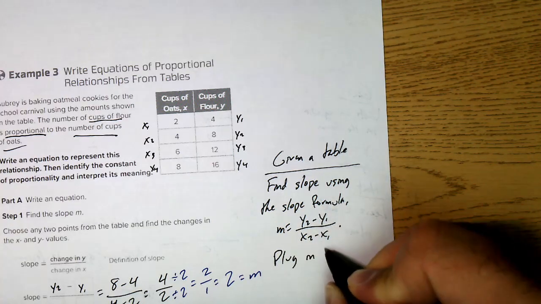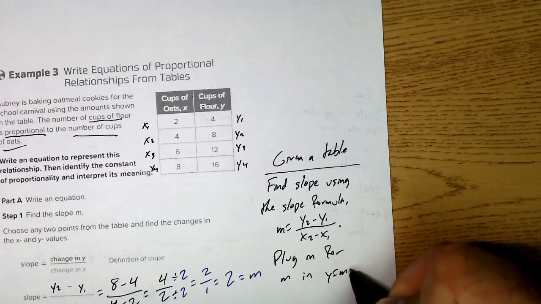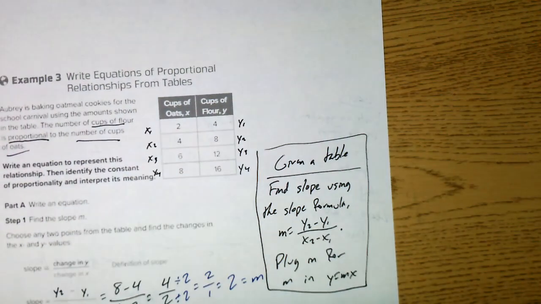Plug in for m in y equals mx. Anytime you're given a table and asked to write the equation, that's going to be your process.